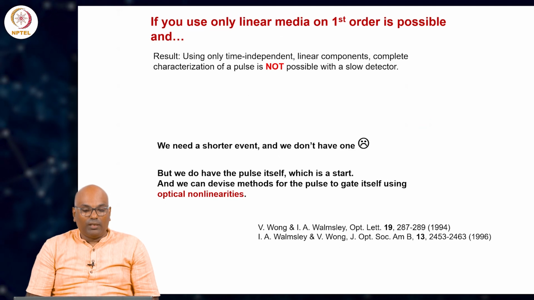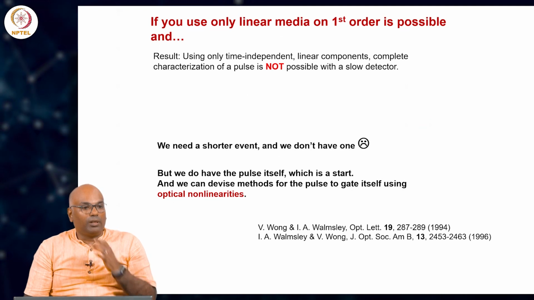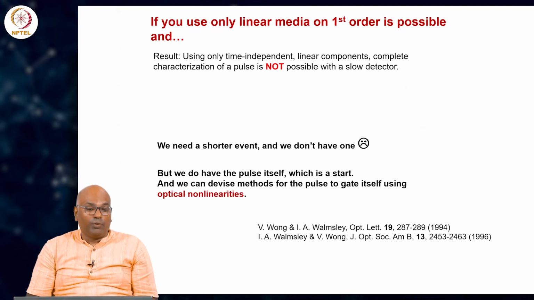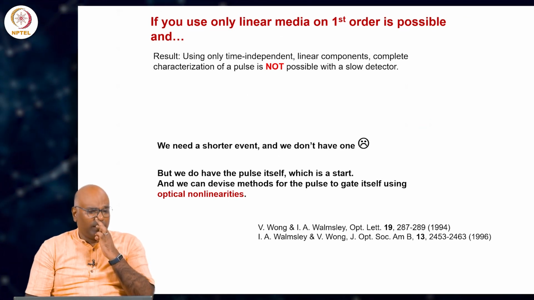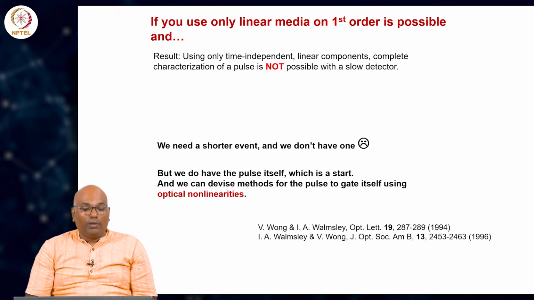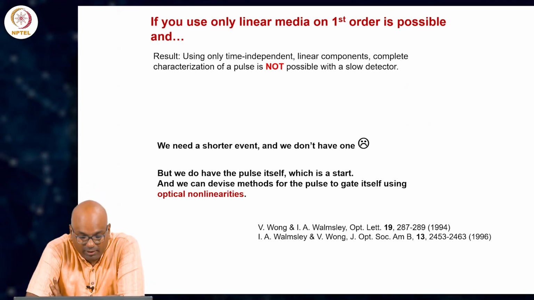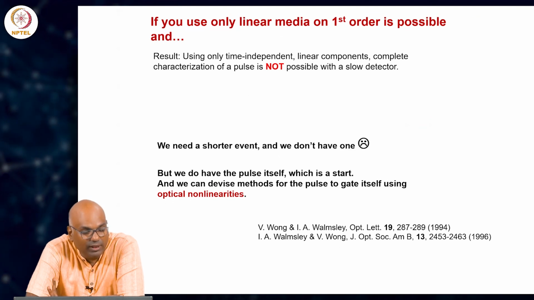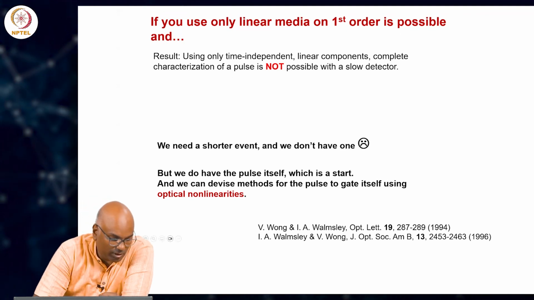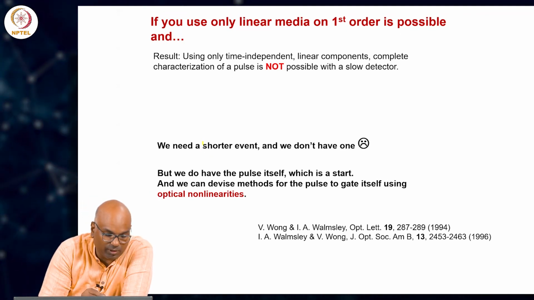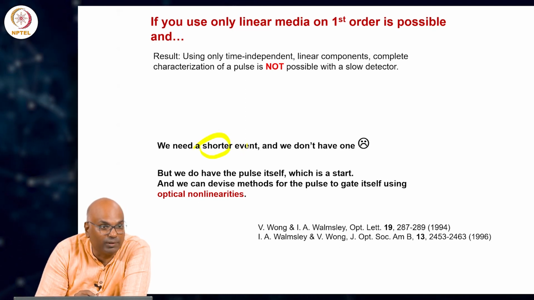Okay. Now, we essentially have two orders of autocorrelation which we have learnt how to realize, but if you use only linear media, only first order is possible, and if you use time independent linear components using a slow detector, then we essentially have only the pulse, okay, and we will not fulfill the fundamental requirement of creating a shorter event than the event of interest to measure.